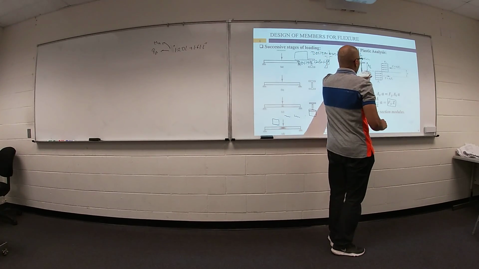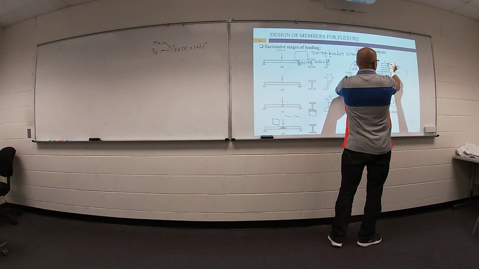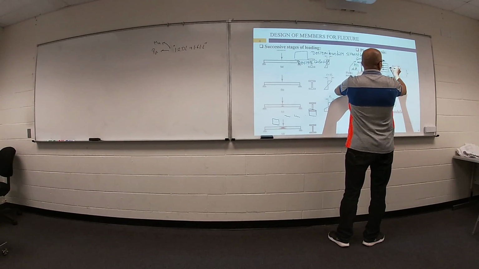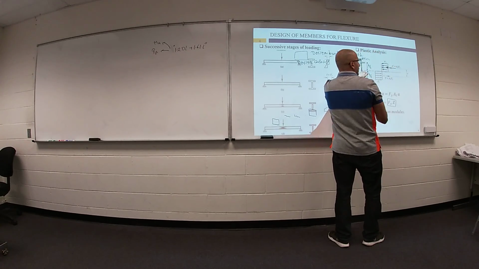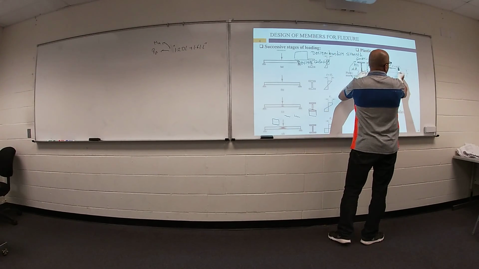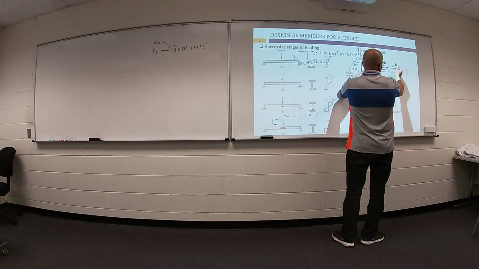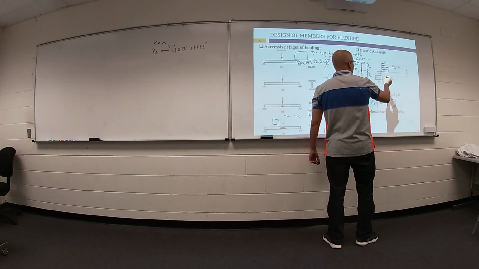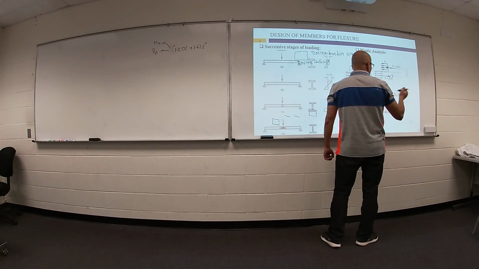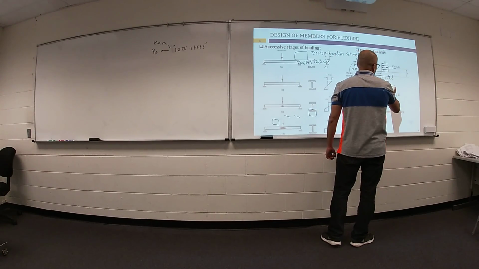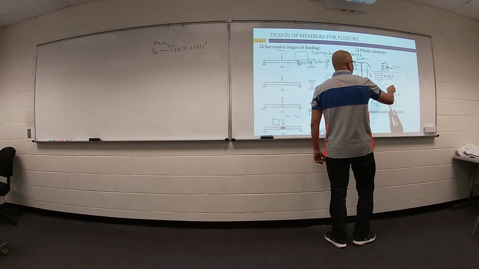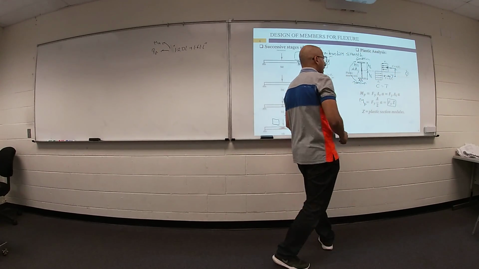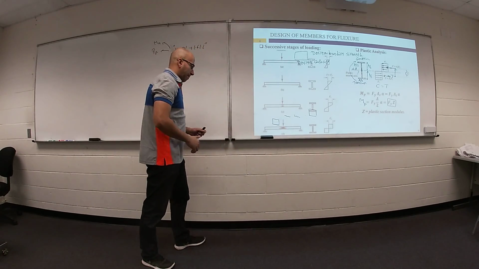The upper area of your cross section is under compression, with compressive force equivalent to this compression stress, C equals A compression times F yield, and the lower part of your cross section is under tension, so we have tensile force T. From equilibrium, C equals T. If you take moment at this point and the distance in between equals a, you can figure out the plastic moment.